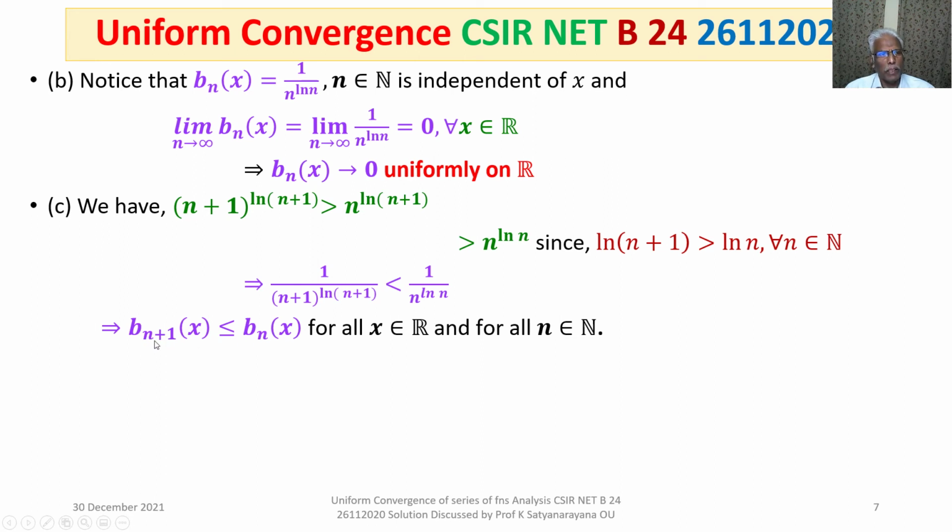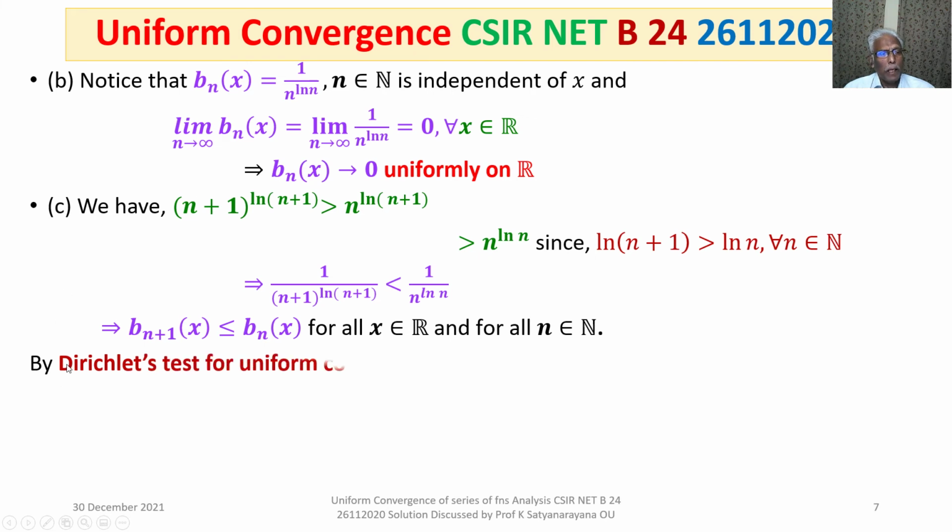So we have verified our condition: b_(n+1)(x) is less than or equal to b_n(x) for all x belongs to R. Of course, this is independent of x, therefore it is for all x belongs to R and for all n belongs to N. That is the third condition that we have verified.